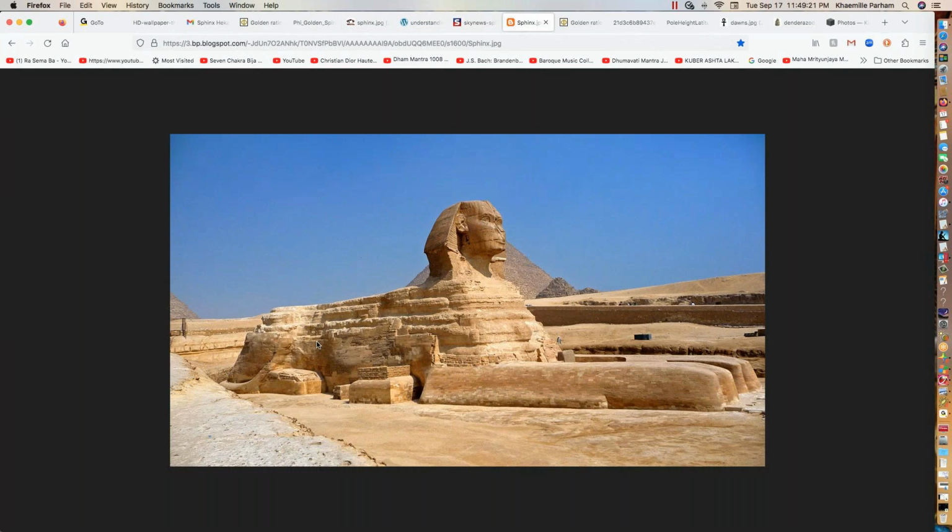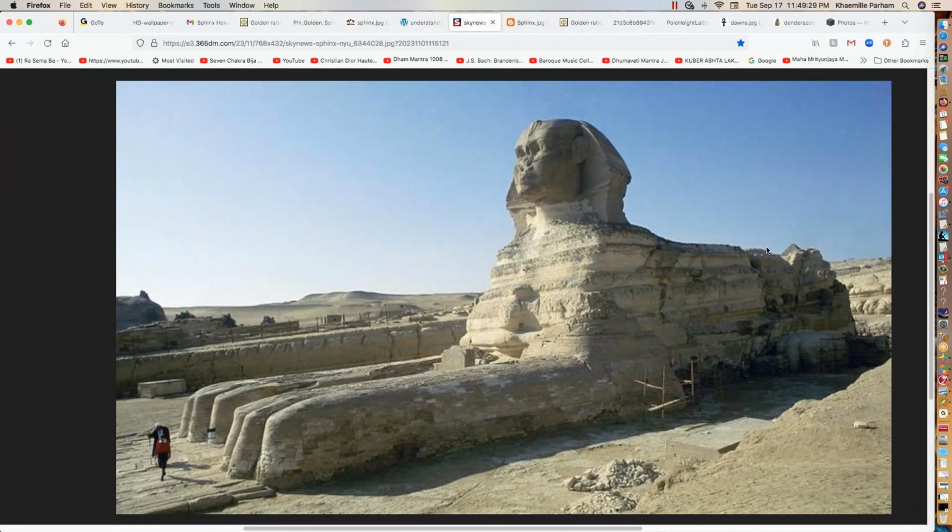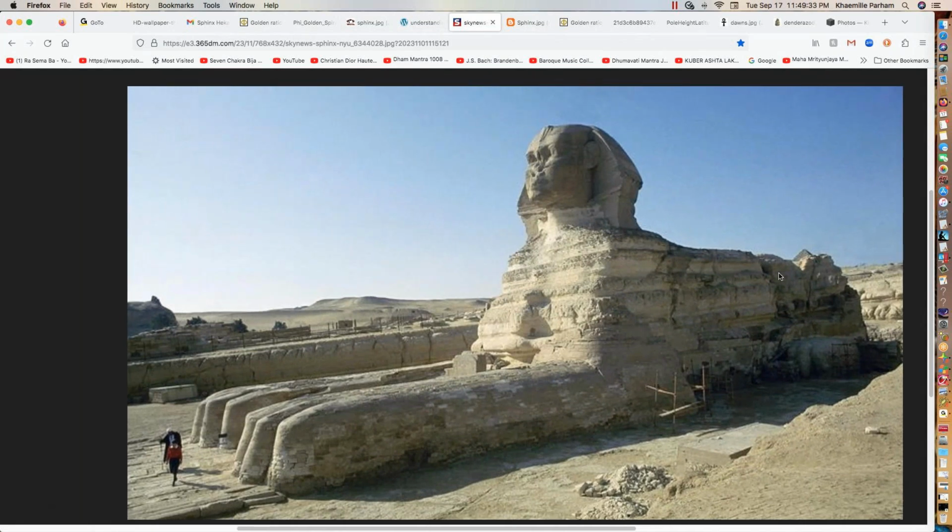Well, if you were to measure from the center of the fissure, like the center of the empty space, to the back point, the back rump area, let's call that segment A, from the middle of the fissure to the end of the Sphinx, let's call that segment A. Yes, and let's call segment B from the middle point of the fissure to the front longest paw, the right paw. Let's call that B.